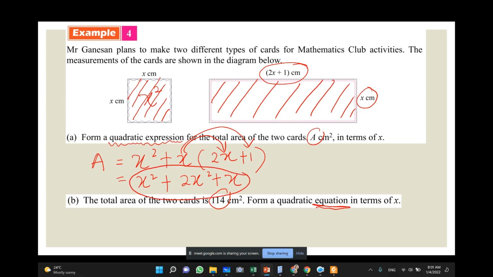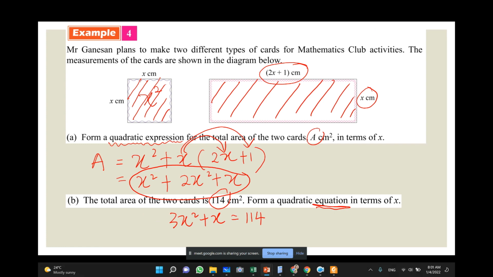And you recall, for a quadratic equation, you have to equate it to 0. So carry on first. Just now we have already found 3x squared plus x. The total area is 114, so you equate it to 114.